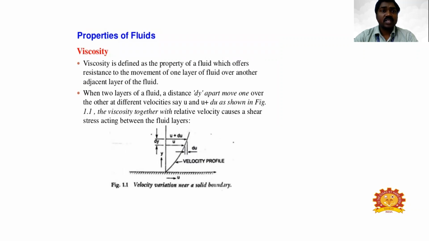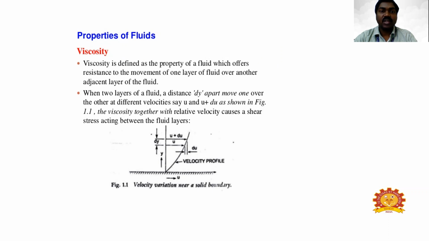So next one is viscosity. We're going to discuss the properties of viscosity. Viscosity is defined as the property of a fluid which offers resistance to the movement of one layer of the fluid over another adjacent layer.